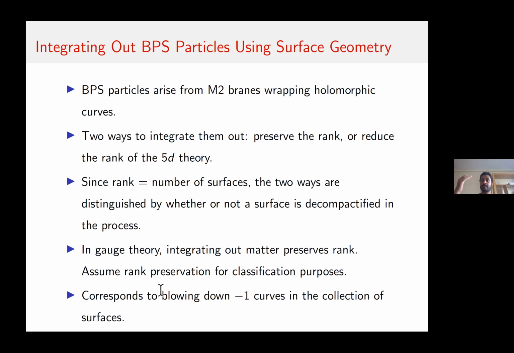And then there are various BPS particles in the spectrum. Their masses are functions of these Coulomb branch and mass parameters. And now you want to tune these parameters in such a way that a particular BPS particle, or some collection of BPS particles, has its mass tend to infinity, while some other BPS particles have their mass remain finite in this limit. So this typically corresponds to going to infinity in the extended Coulomb branch.